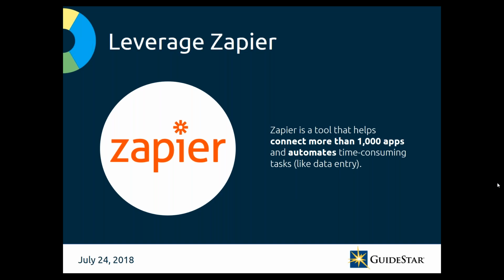Or anytime a tweet is done, or somebody makes a donation through Action Sprout's Facebook connection, pop it into something else. So Zapier is really cool.